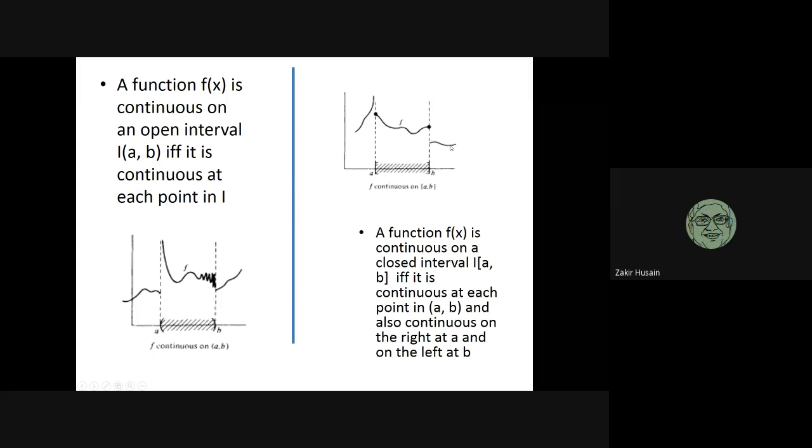It is continuous to the left of b. So we can have a break at the boundary points, but within the boundary points, it is perfectly continuous. Outside the boundary point in this left hand segment, again it is continuous. In the right hand segment also, it is continuous. So if you are considering a closed interval, you can have a jump at the boundary.